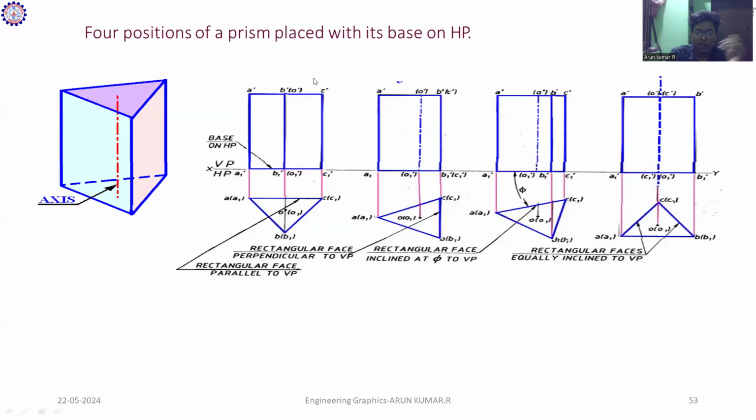Let's move on with the same data, but the conditions for the top view change. In the first case we saw the rectangular face parallel to VP. In the second case we discuss the rectangular face perpendicular to VP. Similarly, the triangle has three sides.